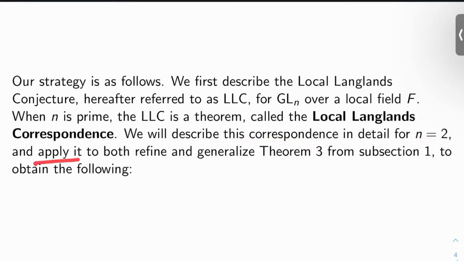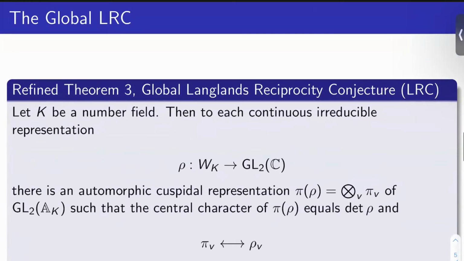And we're going to apply it to both refine and generalize Theorem 3 from the previous few videos, because remember, Theorem 3 and automorphic Langlands tunnel are our two open loopholes that we need to close to finish off the chapter. Once we refine and generalize Theorem 3, we will obtain the following theorem, which we will call the global LRC, or the global Langlands reciprocity conjecture, although it's going to be a theorem for us.